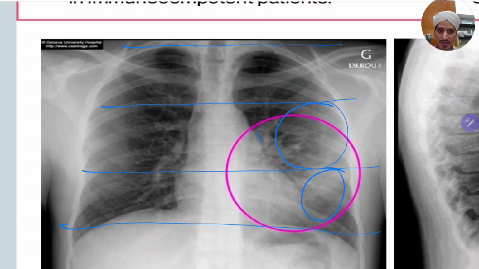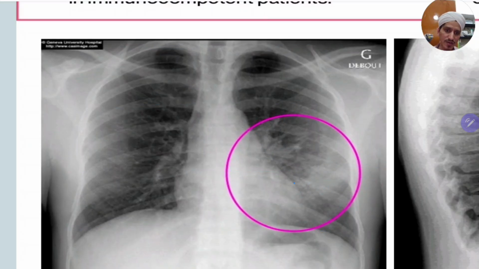You can appreciate the border of the heart also, which means the silhouette sign is absent. But at this point, somewhat okay, you can appreciate it. So I think it is involving the lingular part along with some parts of the upper lobe of the left lung.